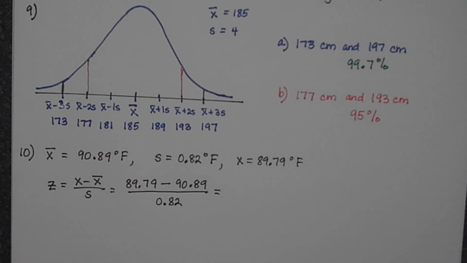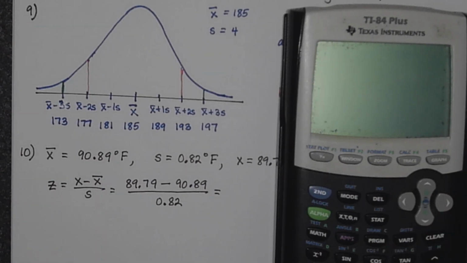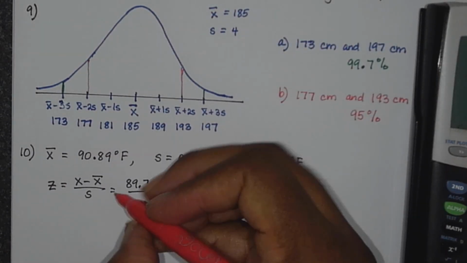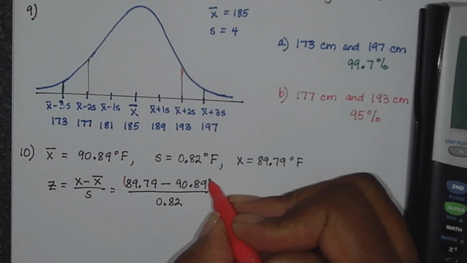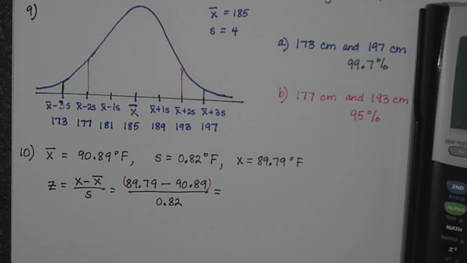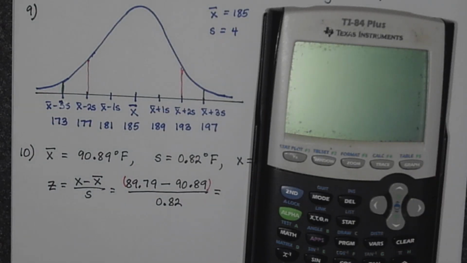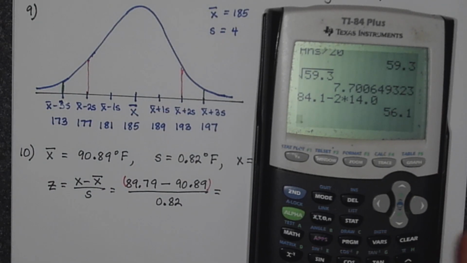All right. Now, if you really want to do all of this in the calculator, you can, but I would suggest putting this in parentheses. And z-scores can be negative, so it'll be 89.79 minus 90.89, that has to be in parentheses, divide that by 0.82.